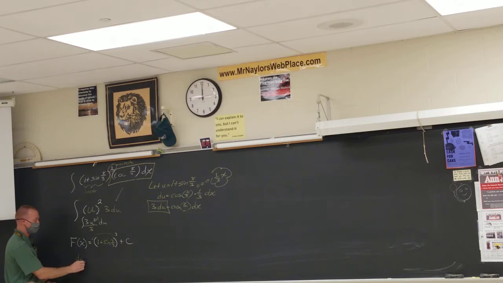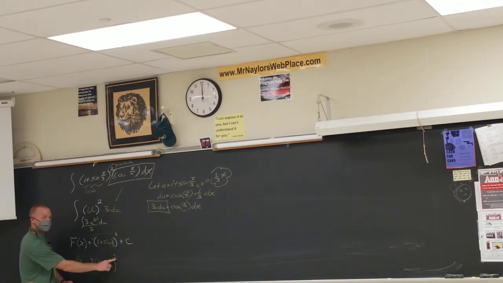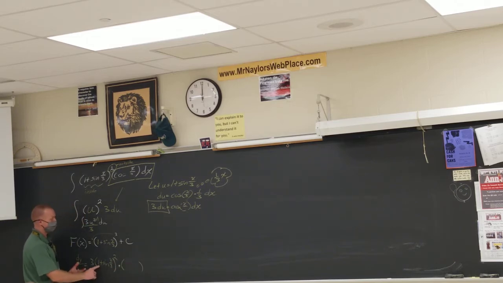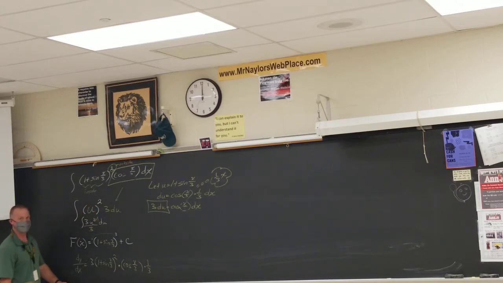And so if I do the derivative, I'm going to do the derivative of the outside, finish the outside, and then don't forget to do the chain rule. That's the derivative of the inside. The derivative of 1 is 0. I'm going to end up getting exactly where I started, noting particularly that the 3's cancel out. And again, that takes me back to the original integral.